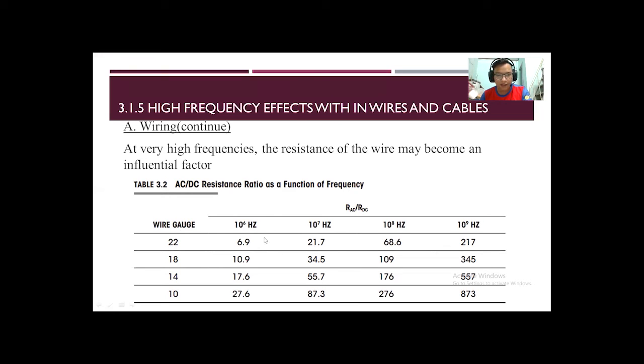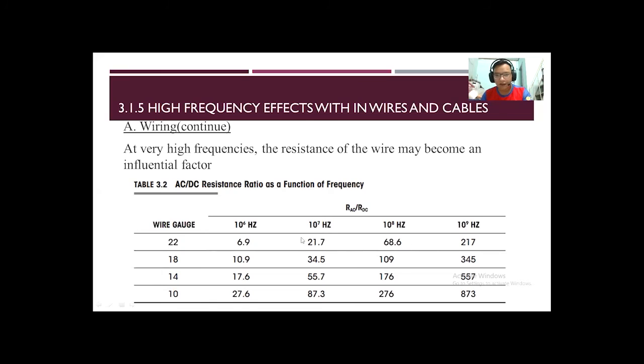Under it, the resistance of each situation is a symbol. We have y equals 22 and the frequency, 10.7, and we have a 21.7 ohm resistance.